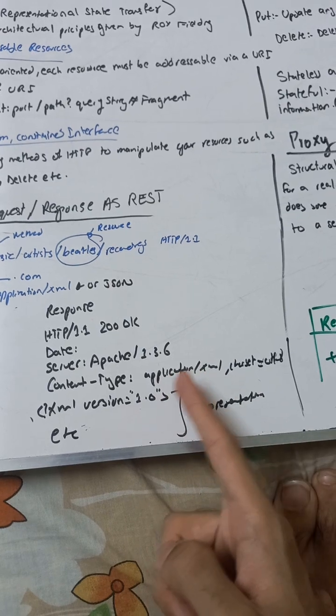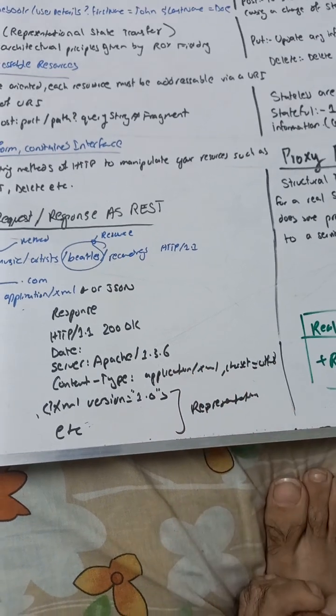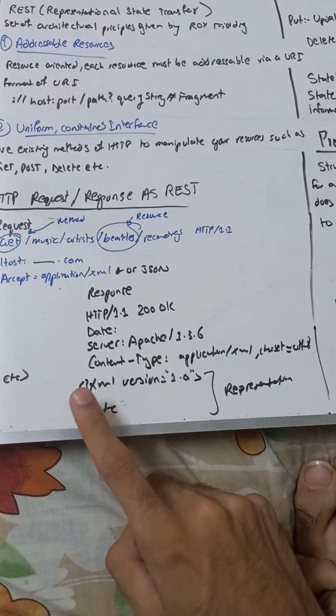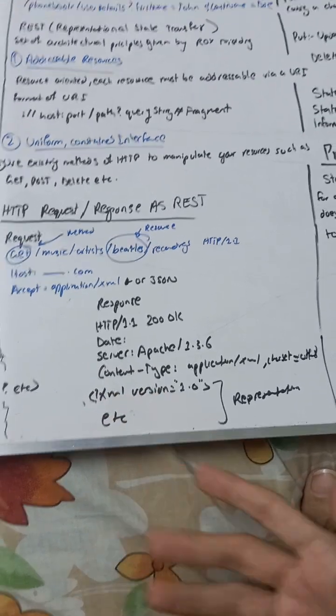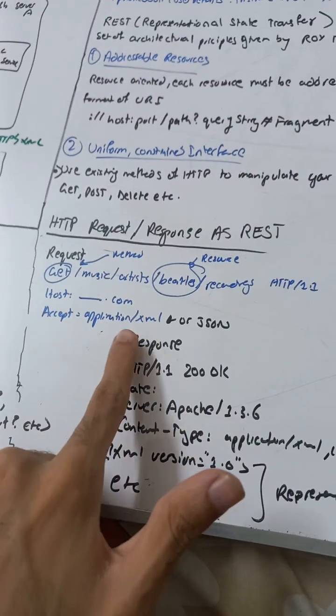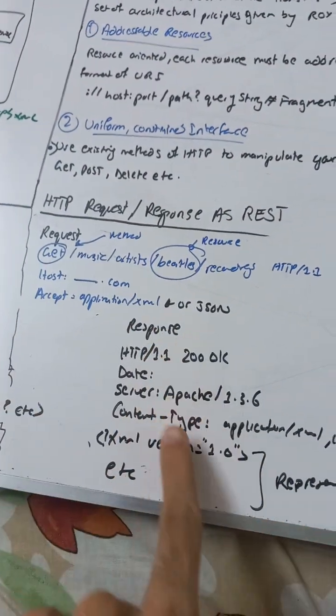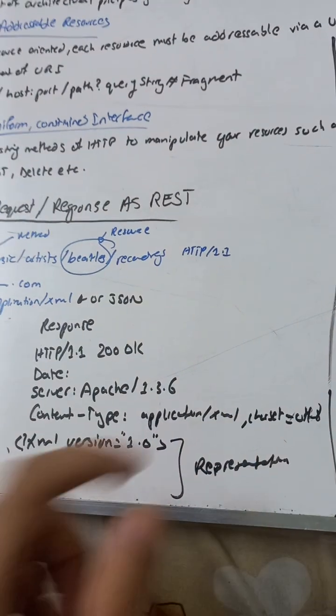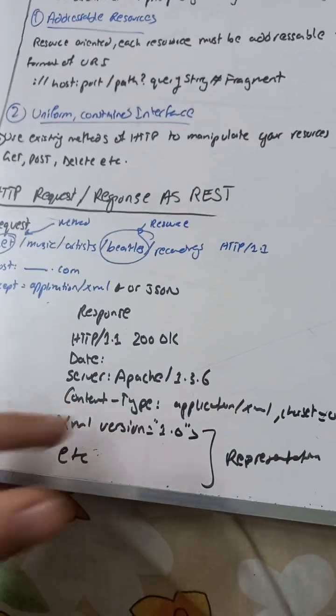Again, this is going to be application XML, char set equals to UTF-8, and then you have your entire XML ka part over here as a response, because it was accepting the return part. The response was basically application XML, but if this was JSON, then the return part would also be JSON over here.